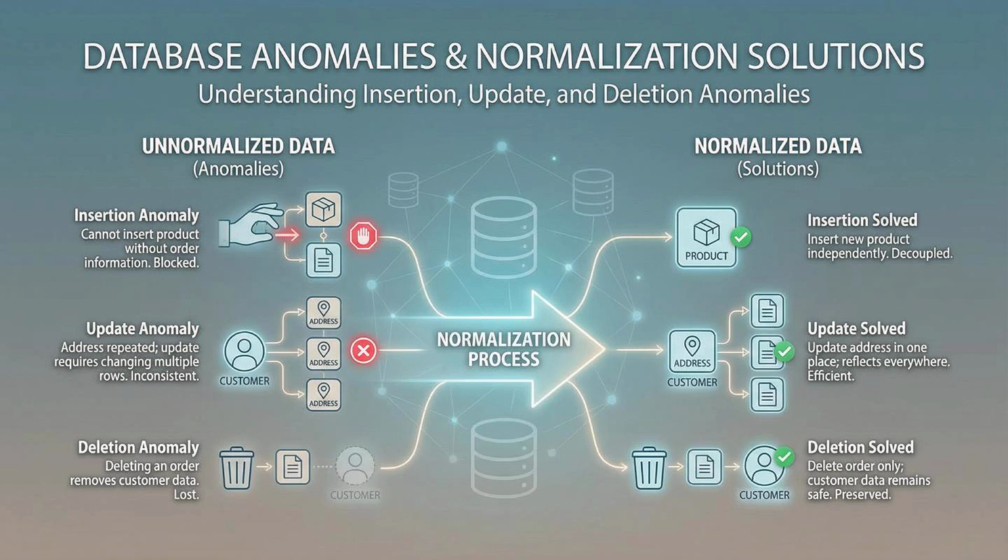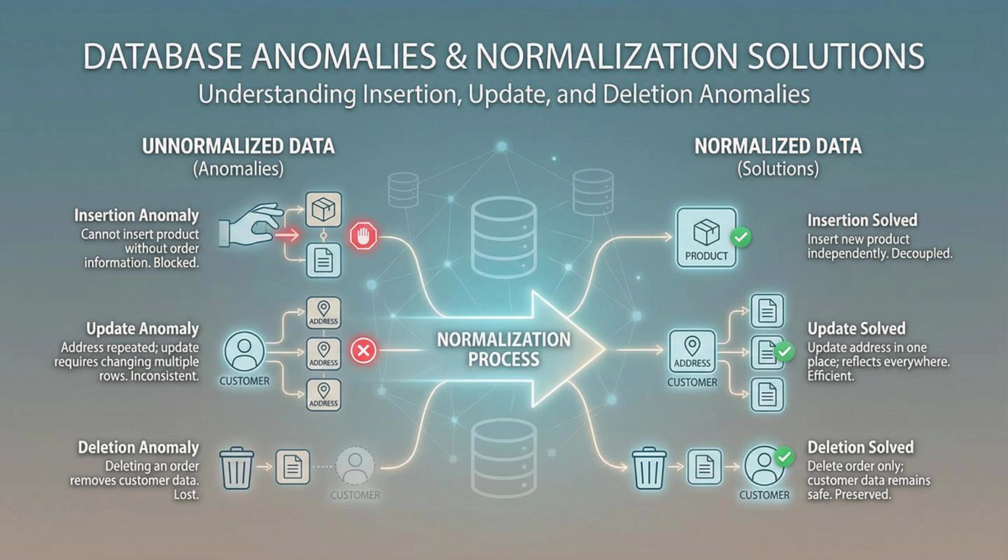The update anomaly is solved by storing customer addresses in a dedicated table referenced by a unique ID. When an address changes, you update it in just one place, and that change is immediately reflected everywhere it's referenced. This ensures consistency and simplifies maintenance. And finally, the deletion anomaly is solved. With normalization, deleting an order record only removes that specific transaction data.